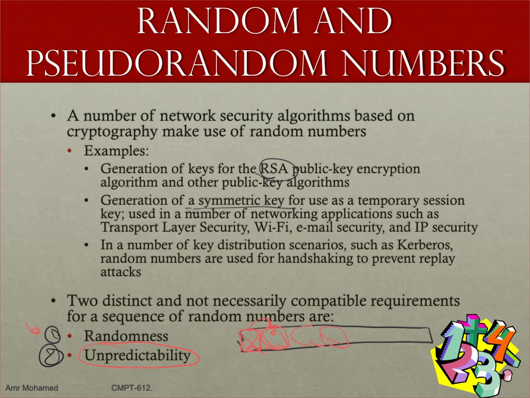But if I have, for example, 1 0, does that mean that the next two bits will be 0 1? Do I have this pattern repeated? If there is some repetition of this pattern, this means that there is a correlation between 1 0 and 0 1. So in that case, it will not be a true random sequence.